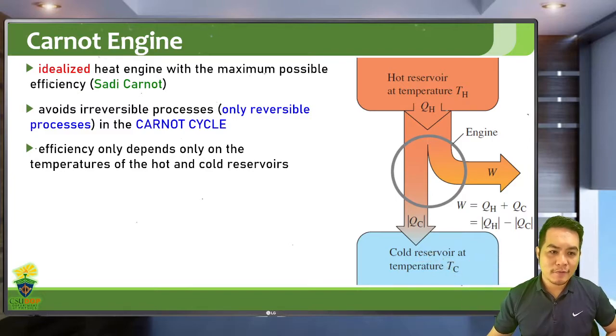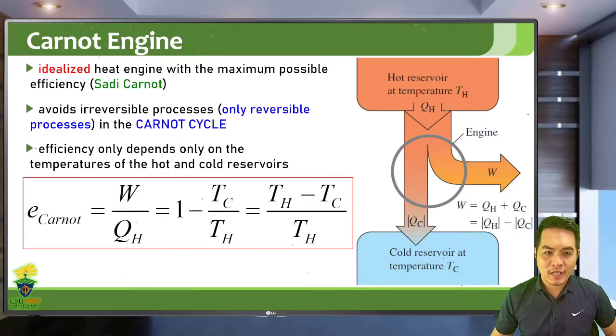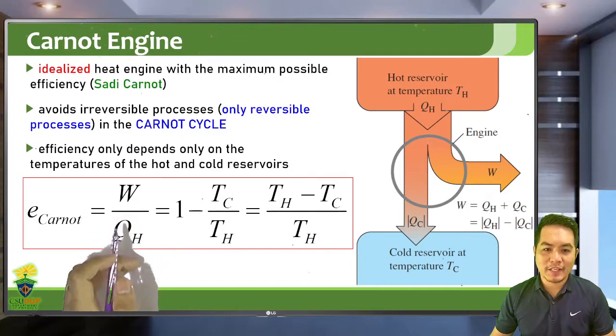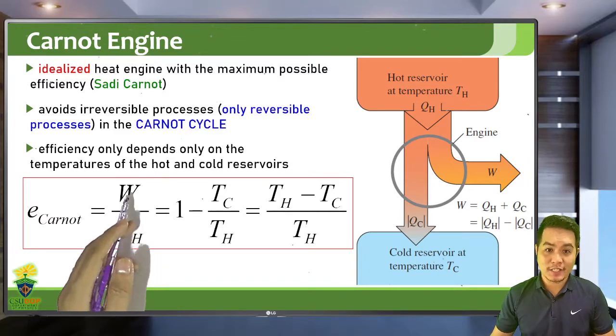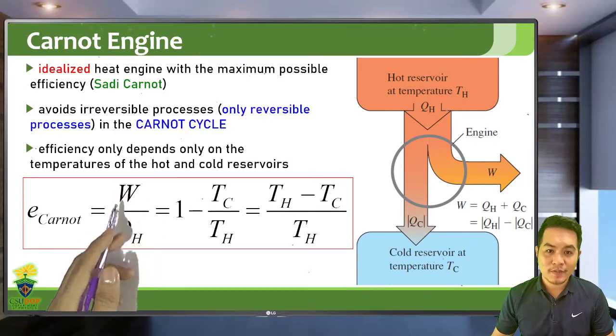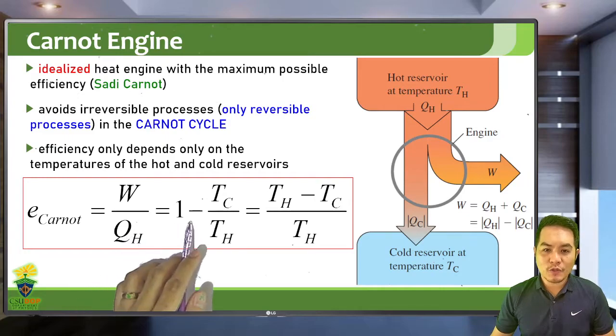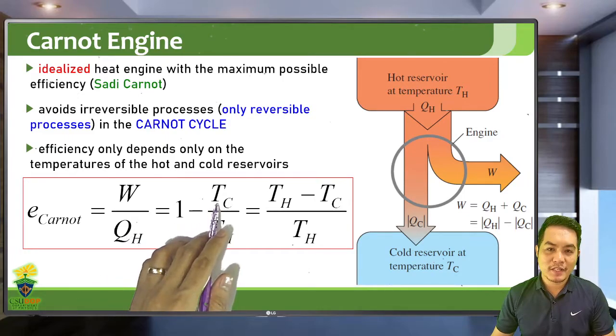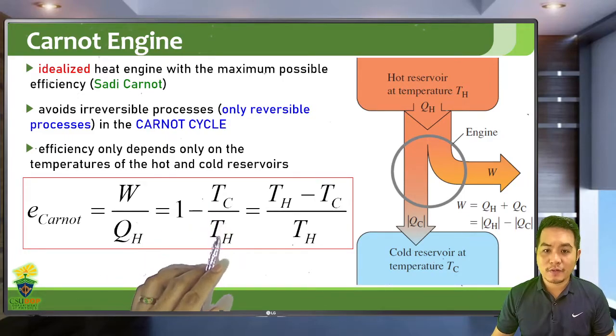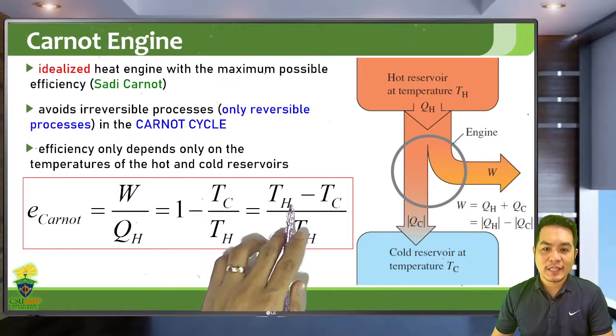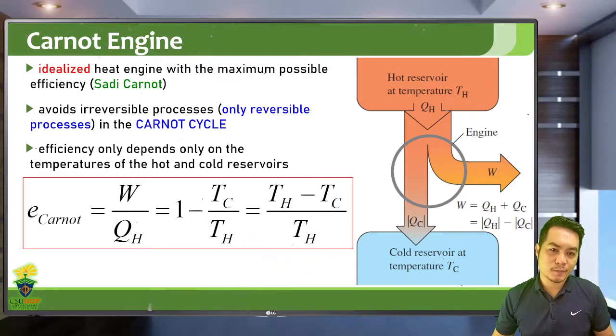So the efficiency for a Carnot engine is given by this. It's still a heat engine. It's still the work done by the engine over the heat input or heat absorbed by the engine, but it will now also be equal to 1 minus the temperature of the cold reservoir over the temperature of the hot reservoir, or TH minus TC over TH.